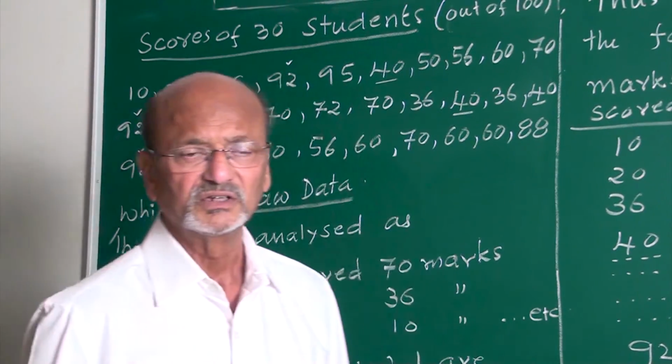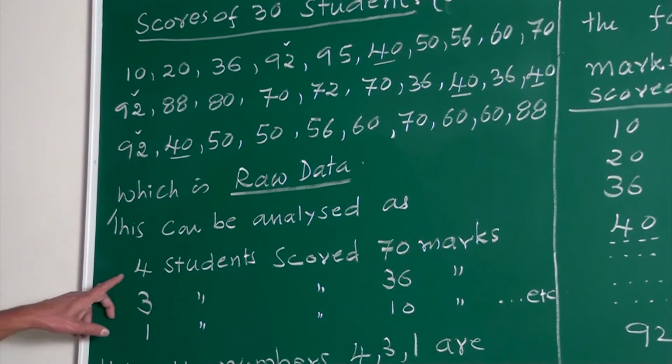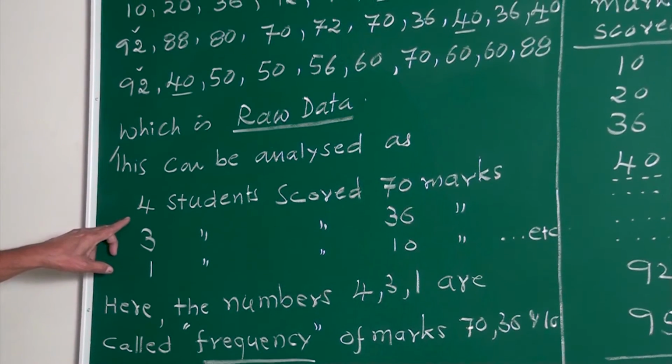In such cases, what we do is collect this, and it can be analyzed as 4 students scored 70 marks.